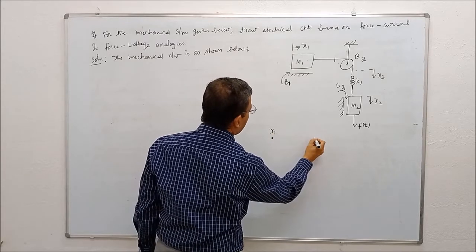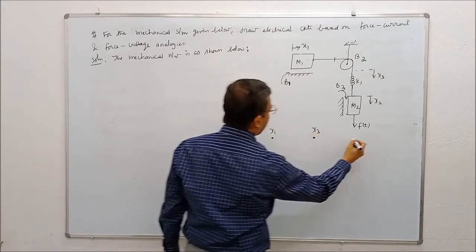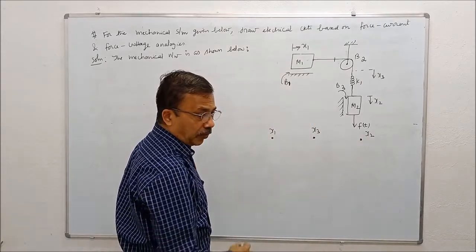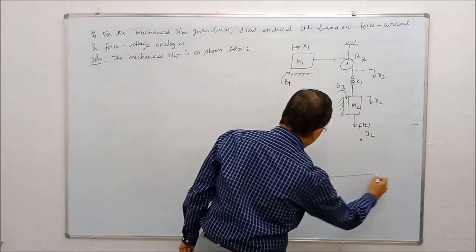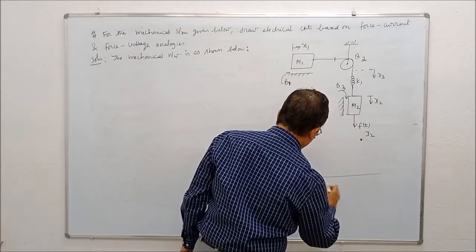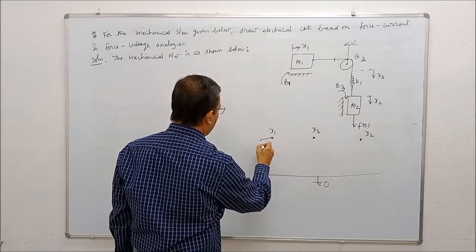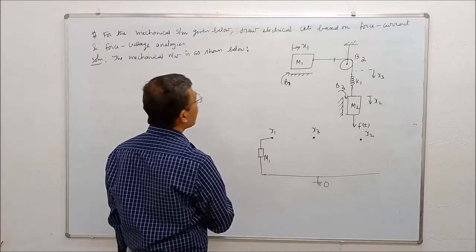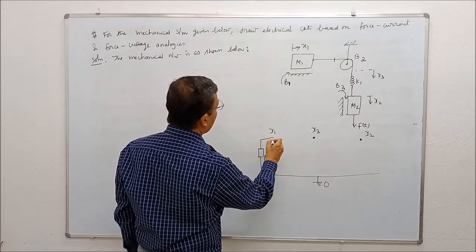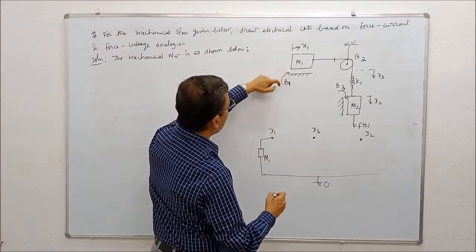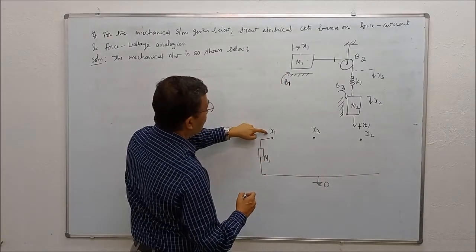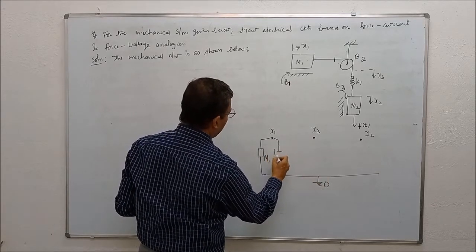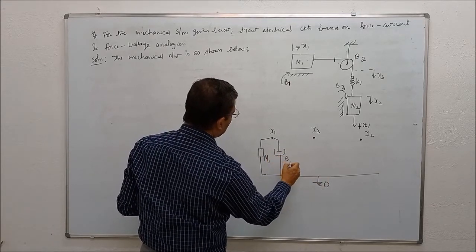First x1, then x3, then x2. 3 displacements are there, therefore we will mark 3 independent nodes. This is the reference node. Mass m1 comes between x1 and ground. B1 is the friction between m1 and ground. M1 in this figure corresponds to node x1 here, and ground corresponds to the reference node. Therefore, damper B1 is taken between x1 and ground.